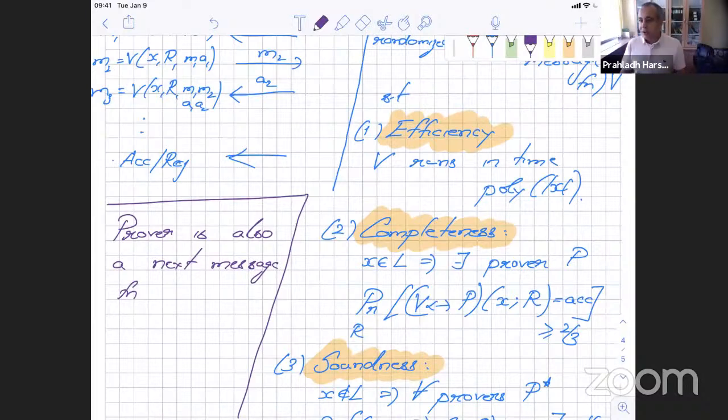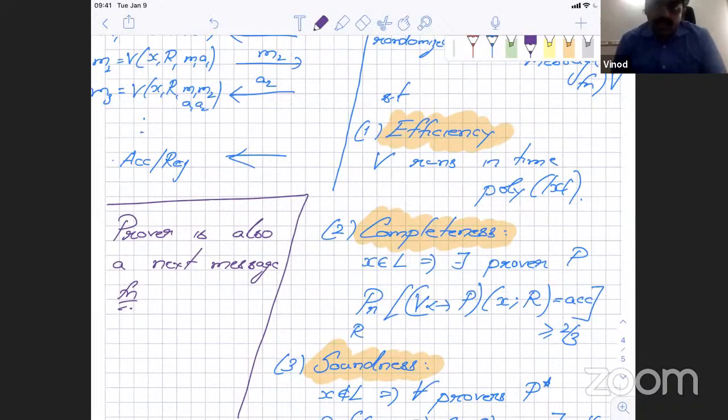It's just like the verifier, except we don't put any efficiency requirements on the prover. It's just some function that, given the input and the transcript, outputs the next message. It could be randomized or deterministic. Let's for now assume it's deterministic. It doesn't matter, because if it's randomized, it could just run over all random points, find the best answer, and return it. We're not putting any efficiency restrictions, so the prover might as well be deterministic. So when I say there exists a prover, the prover is also a similar next message function.